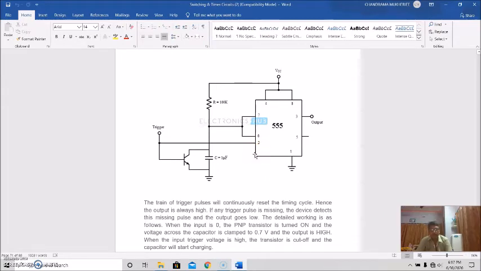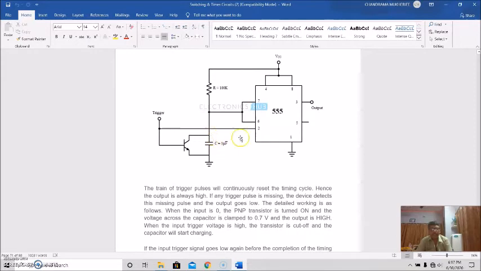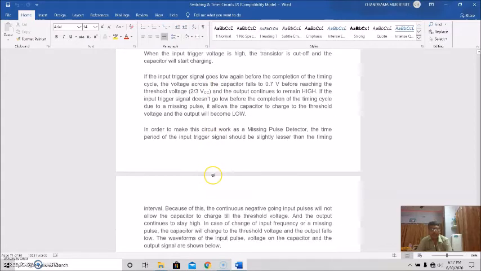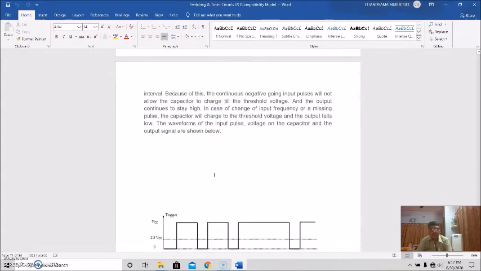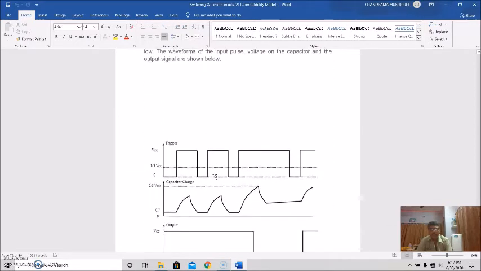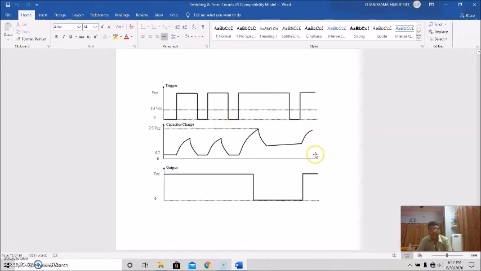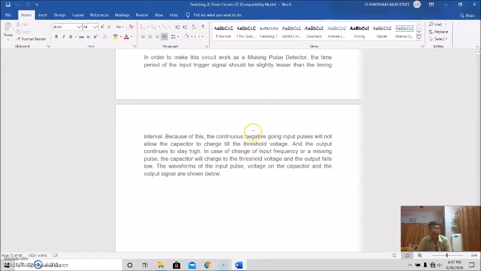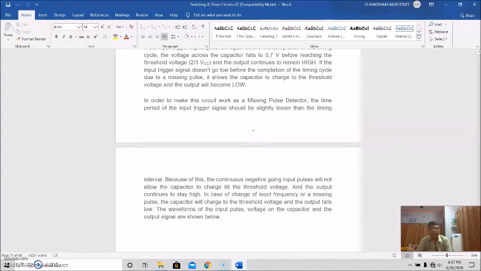And then by controlling this pulse train, from this waveform it can be found that if any pulse is missing, it can be detected. So this is the way we can use the monostable multivibrator circuit as a missing pulse detector circuit.